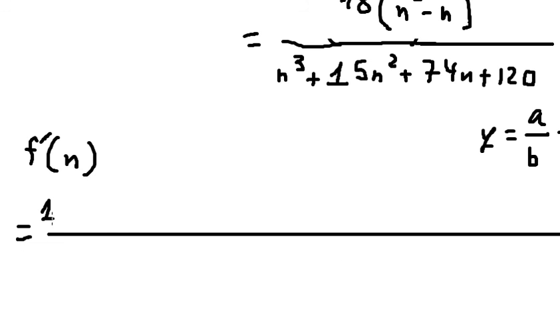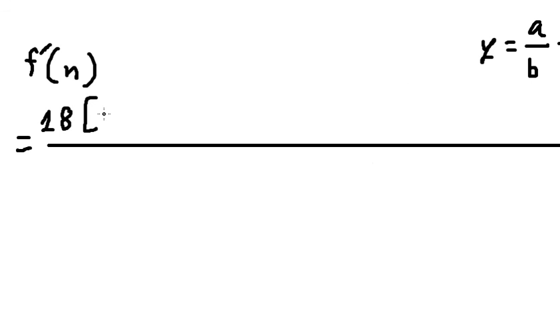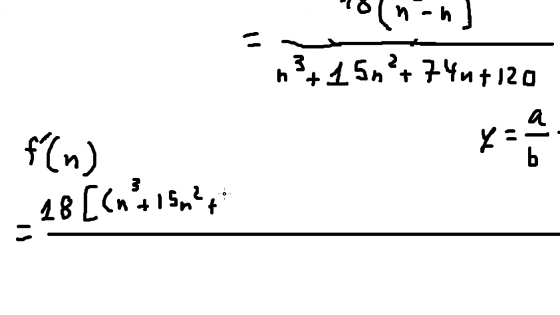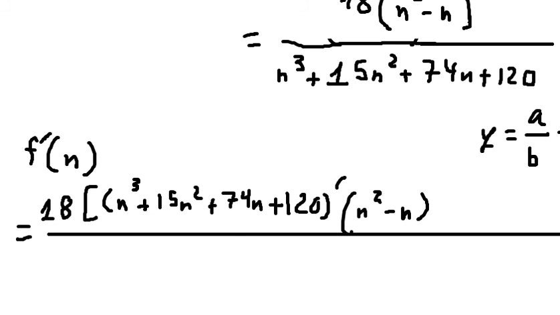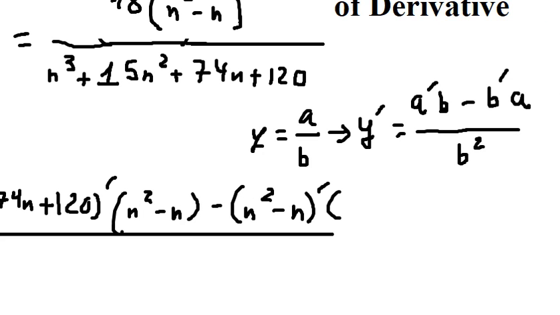So I will put 18 gone here. And now we need to do first derivative of this one. Multiplied by n squared minus n. Minus, we do first derivative of n squared minus n multiplied by the denominator.